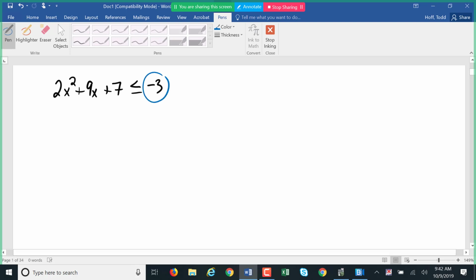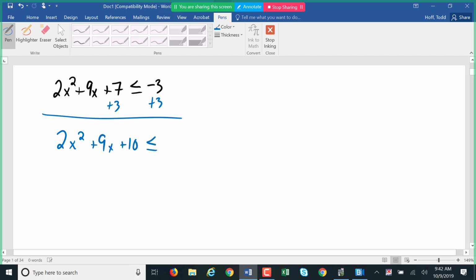We can't have that. So to get rid of it, we're going to add 3. On the left side, the only place we can add 3 is to the 7. So this now becomes 2x squared plus 9x plus 10 is less than or equal to 0. Now that we have that, we're going to treat it as an equation and find those roots.